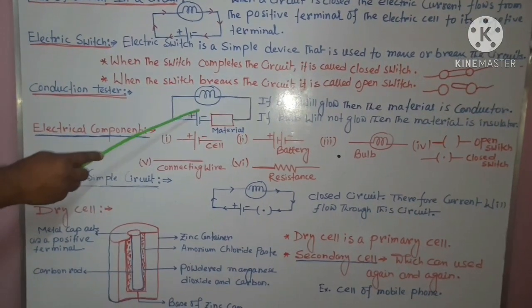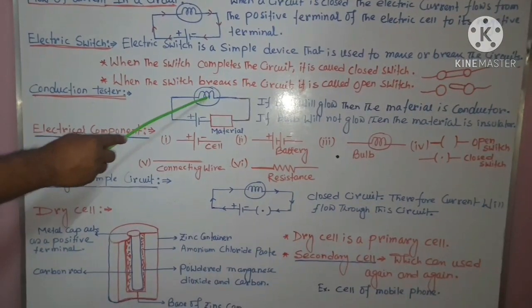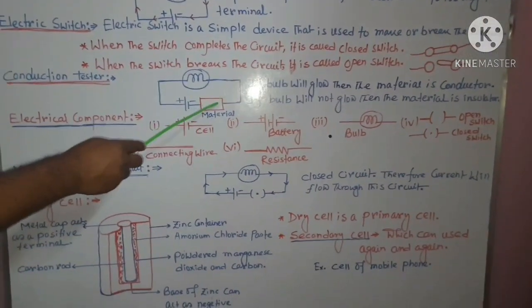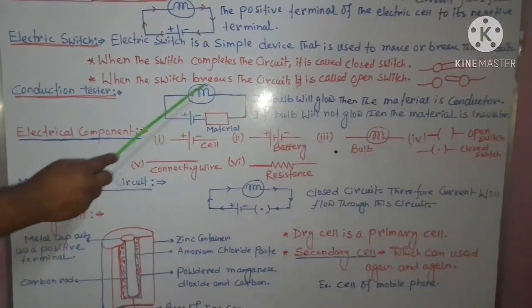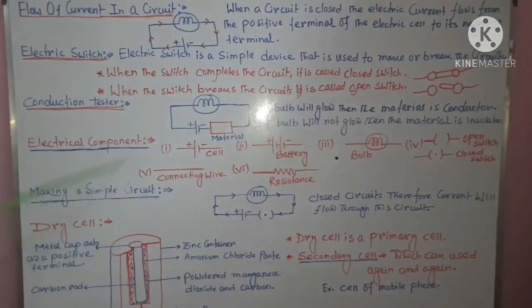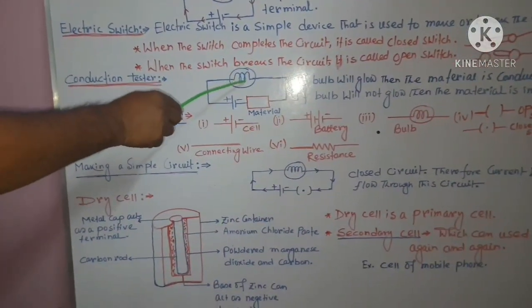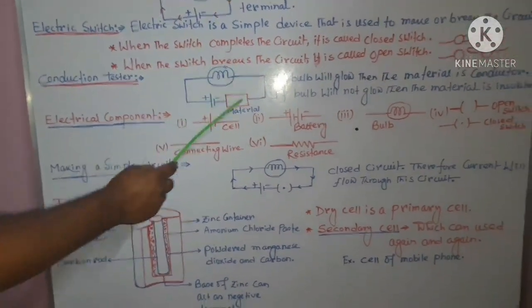This is a cell. The positive terminal of the cell is connected with the bulb, and the bulb is connected with the material, and the material to the other terminal of the cell, that is the negative terminal of the cell. So in this arrangement, if the bulb glows, you can say the material is a conductor of electricity.